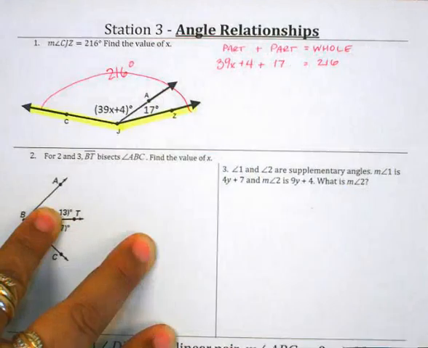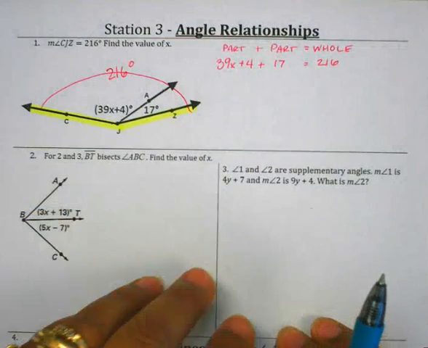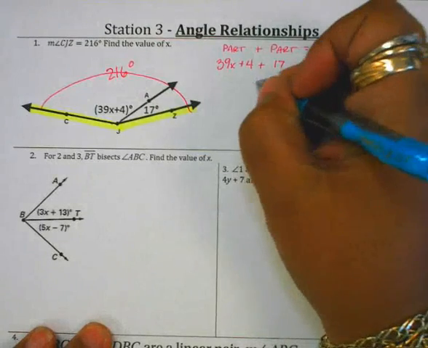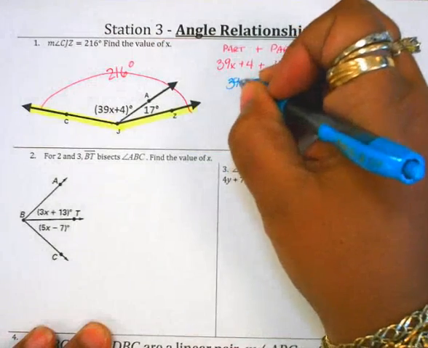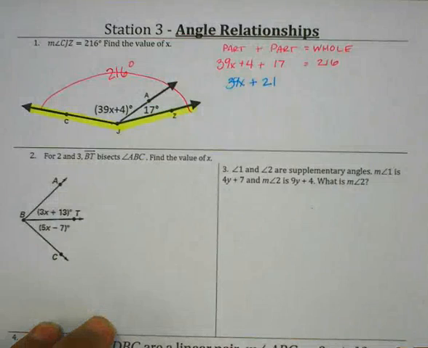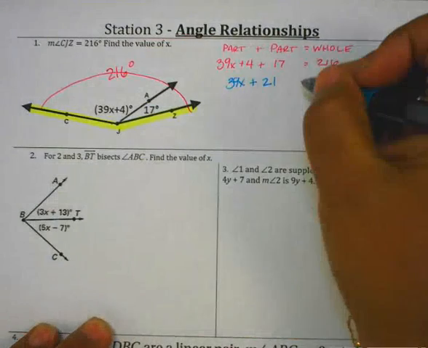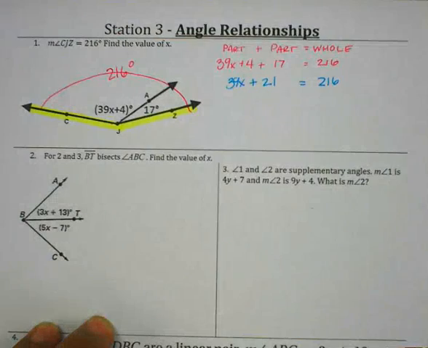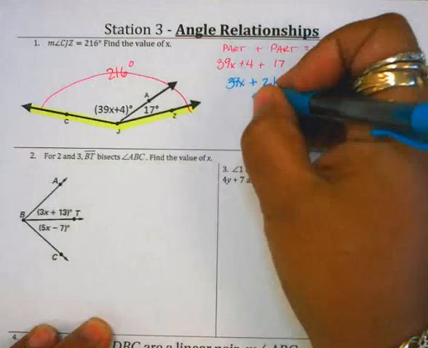4 plus 17 is 21, plus 39x equals 216. So then we're going to subtract 21 from each side.